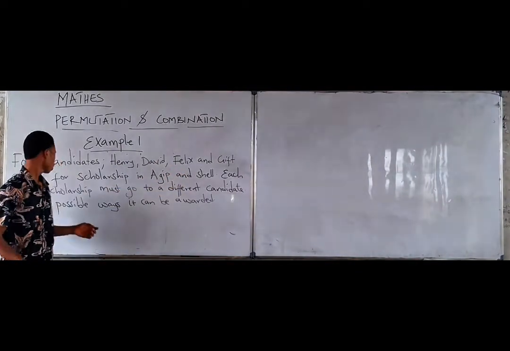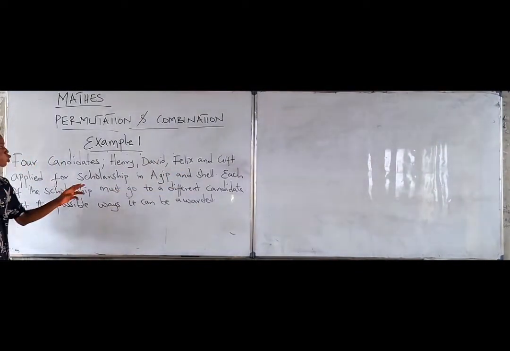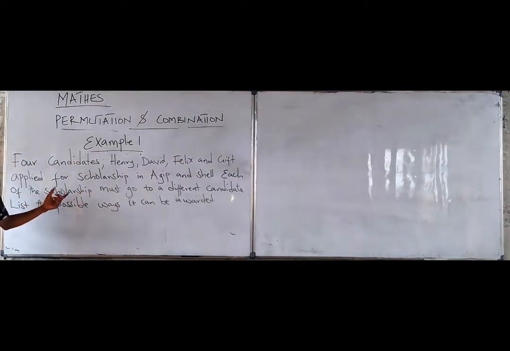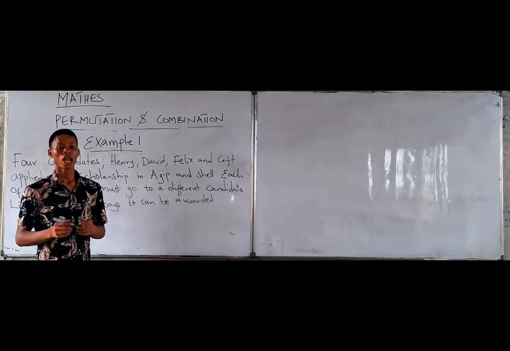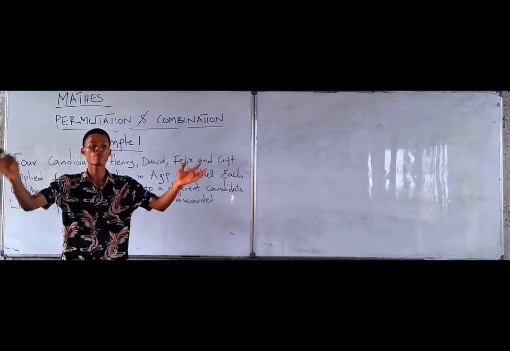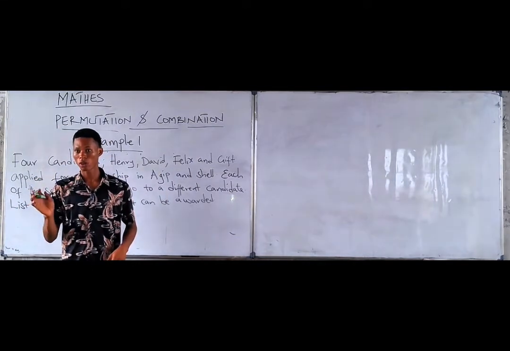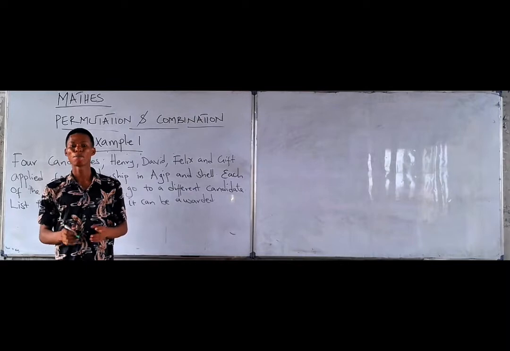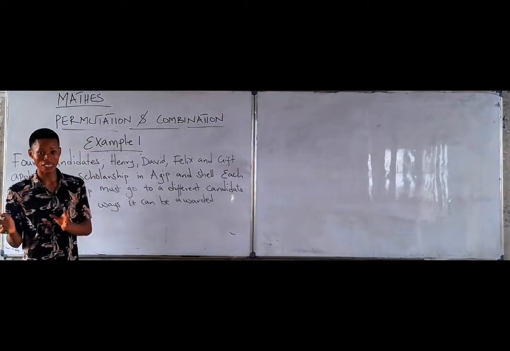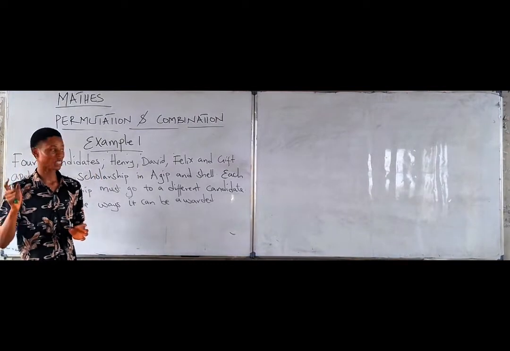Each of the scholarship must go to a different candidate. List the possible ways it can be awarded. Now understand the question. How many scholarships did they apply for? 2, right? Good. How many persons were applying for the scholarship? 4 persons, right? But now each of the scholarship must go to a different candidate.